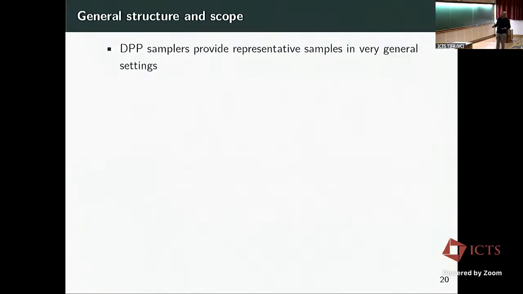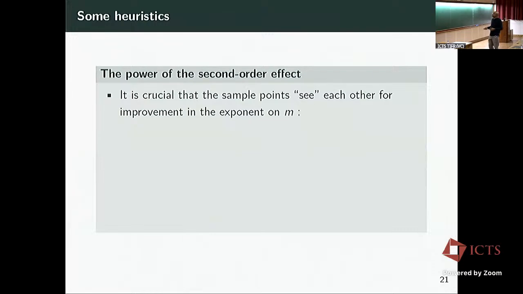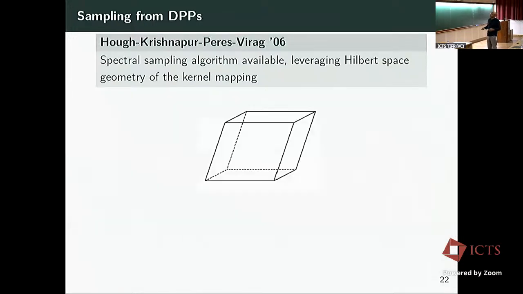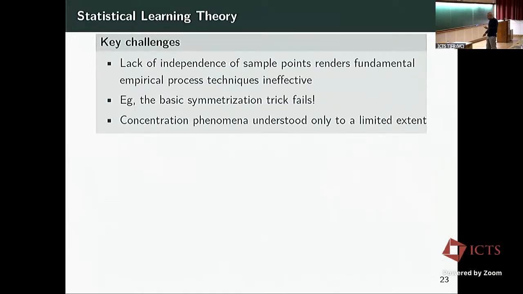That's one of the basic variants of statistical learning results that we can hope for. In classical statistical learning theory, there's a huge body of literature and very powerful techniques which have been developed over the years in order to obtain this kind of uniform guarantee for learning theory problems. So what are the key challenges in trying to do this for strongly correlated samplers like determinantal samplers?